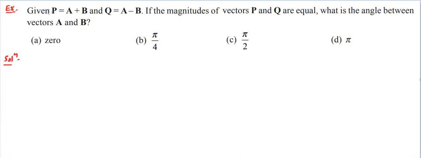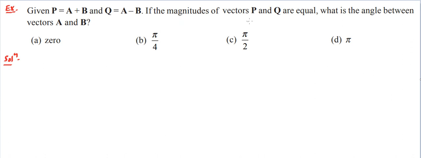So it's written as: given p vector is equal to a vector plus b vector, and q vector is equal to a vector minus b vector. If the magnitudes of vectors p and q are equal, what is the angle between vectors a and b? So let's start. There is a vector a which has a magnitude a, vector b which has a magnitude b, and the angle is theta we are looking at.